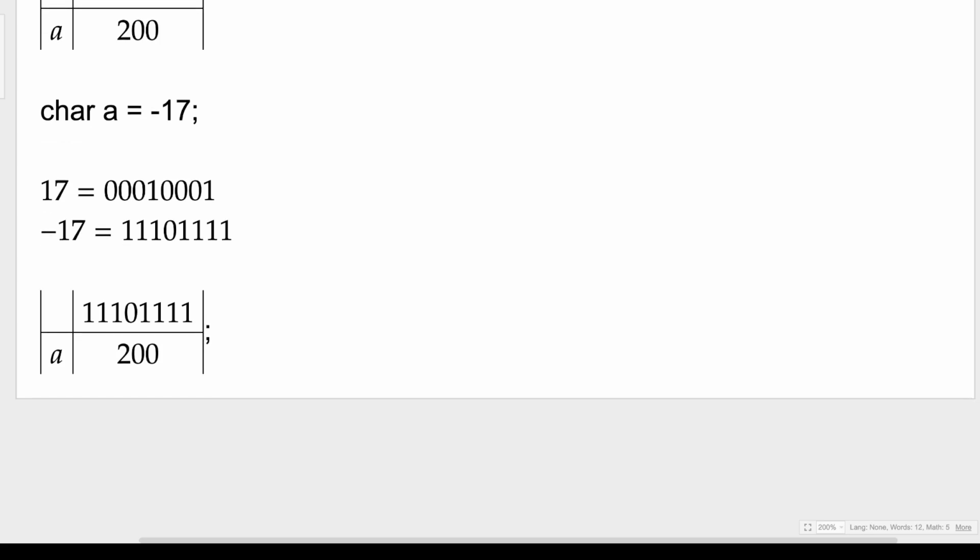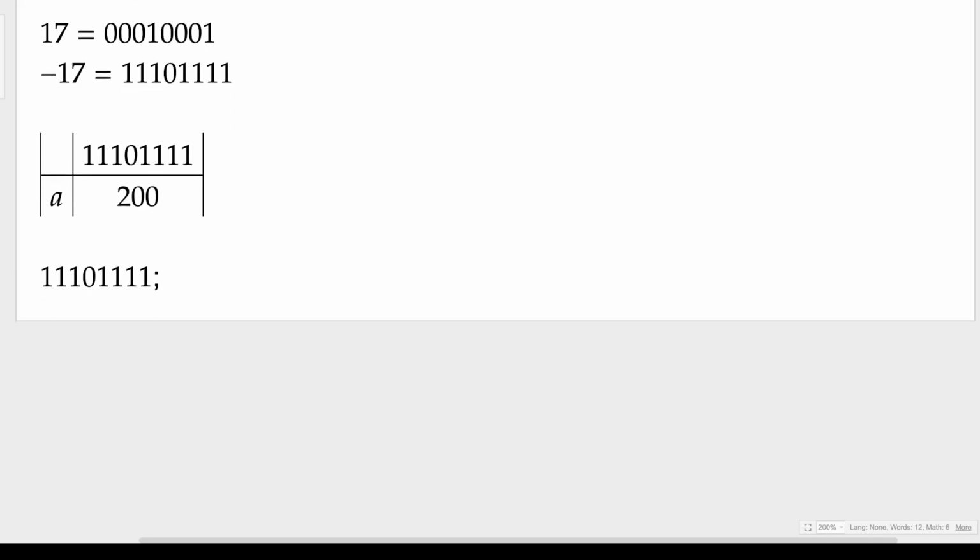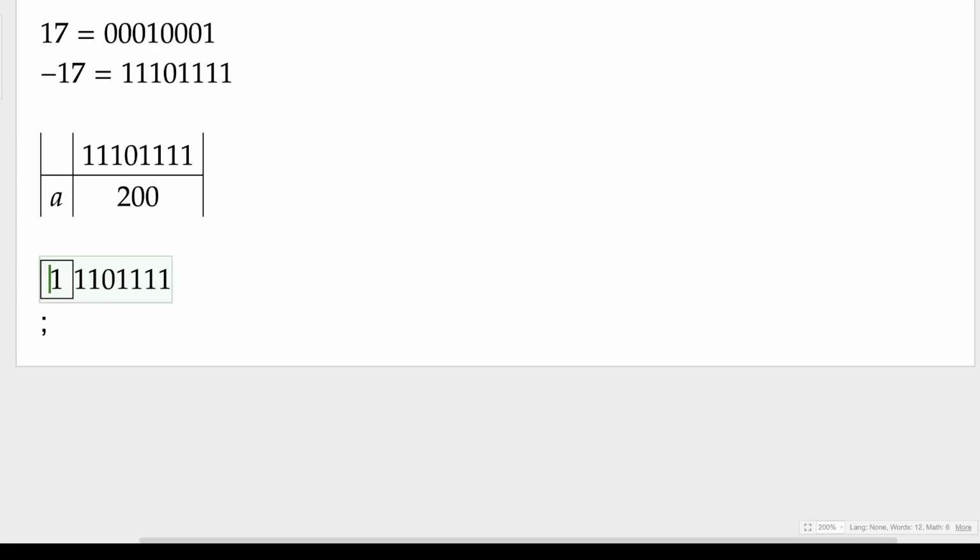Let me just show you that if this is the number given to you, how will you decode that, whether it is negative 17 or which number it is? So first of all, observe the most significant bit. If the MSB is 1, that means the number is negative. So it means the integer is negative.